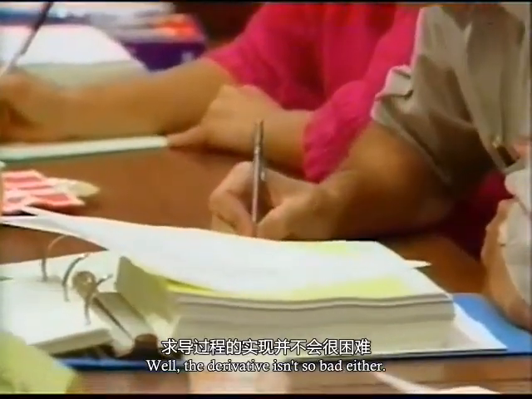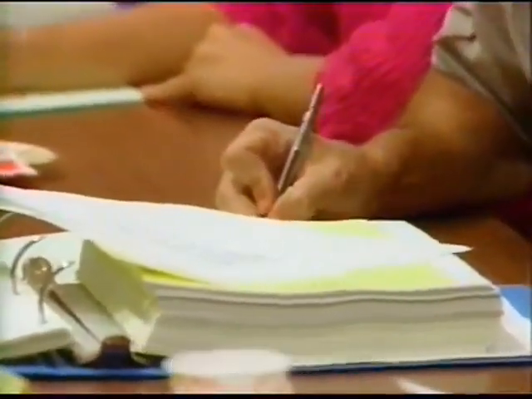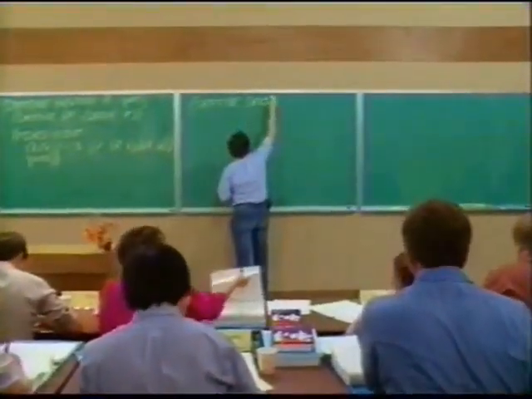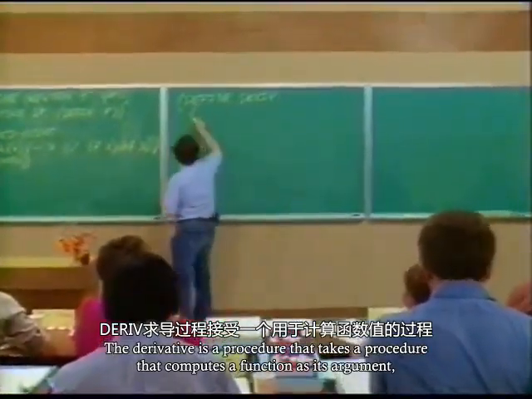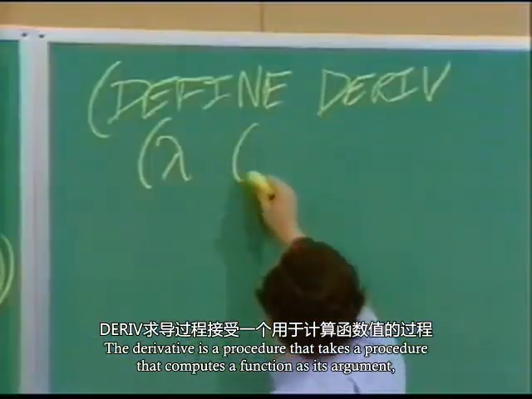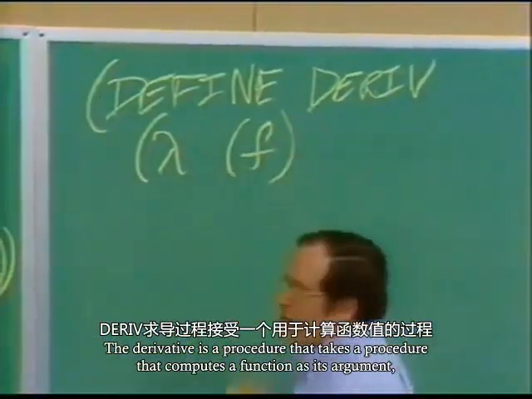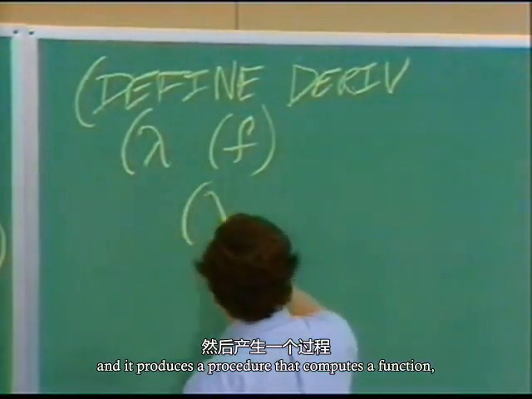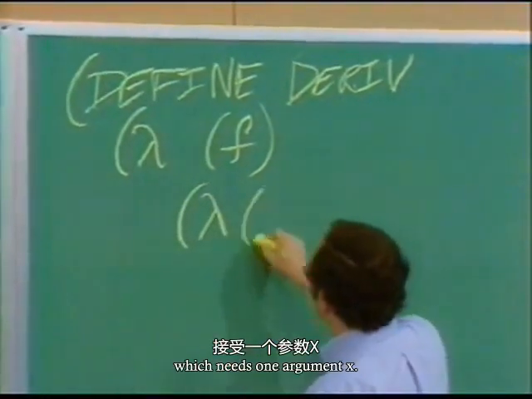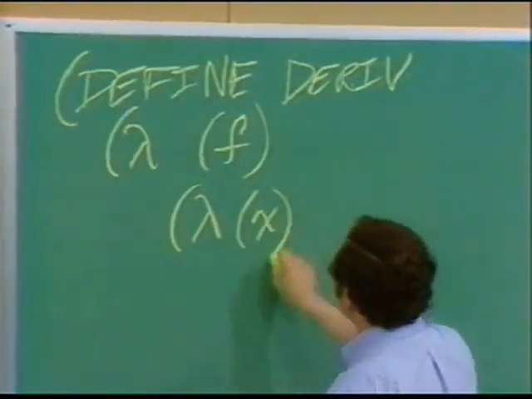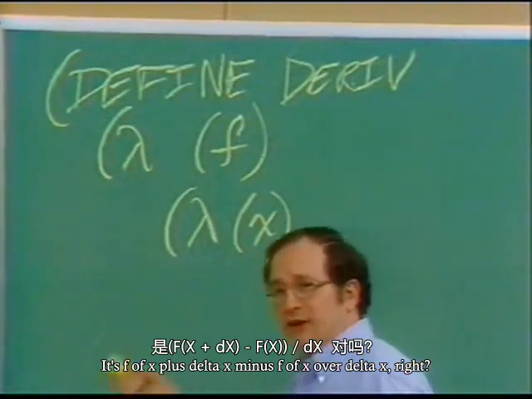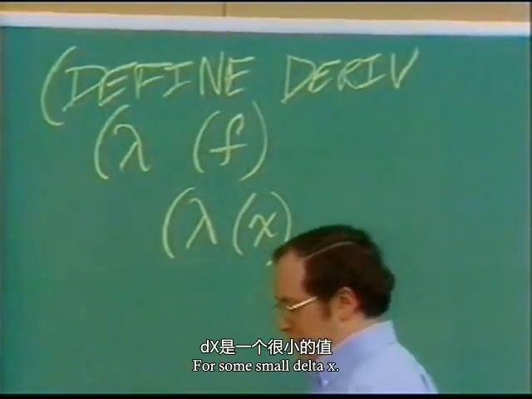Well, but derivative isn't so bad either. It's sort of like average damping. Derivative is a procedure that takes a procedure that computes a function as its argument. And it produces a procedure that computes a function which needs one argument x. Well, we all know this definition. It's f of x plus delta x minus f of x over delta x, right? For some small delta x.